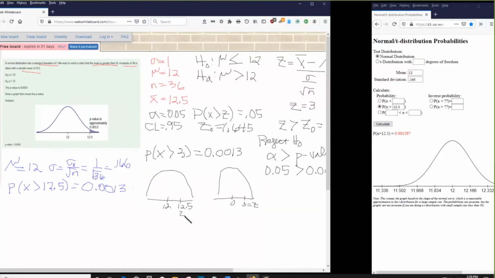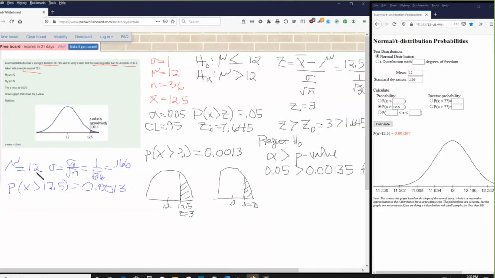This is also going to have that z-value of 3. And that's why these two probabilities for the p-value ended up being exactly the same. So that gives you another way to solve for your p-value. The official way will tell you to use your z-scores, but if you also use the original data with the sample mean, then you should also end up with that p-value. So that gives you a second way of finding it.